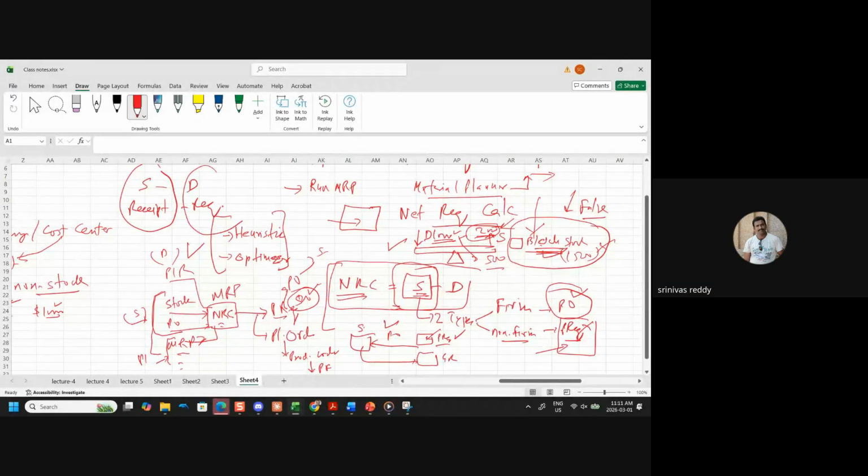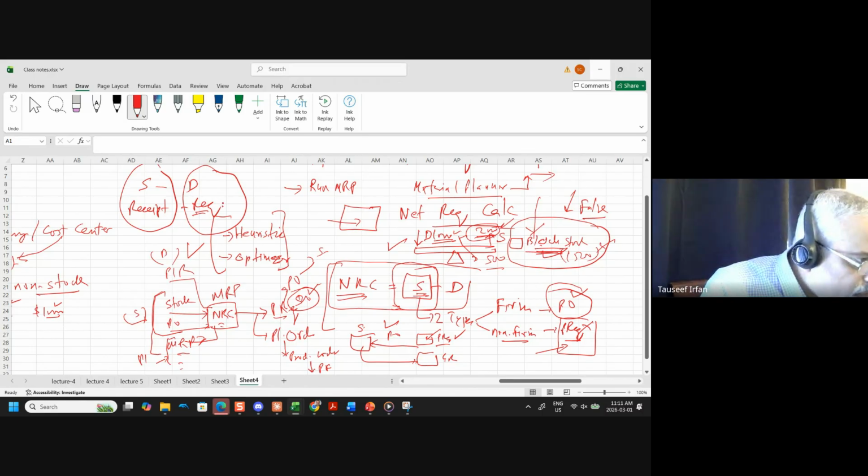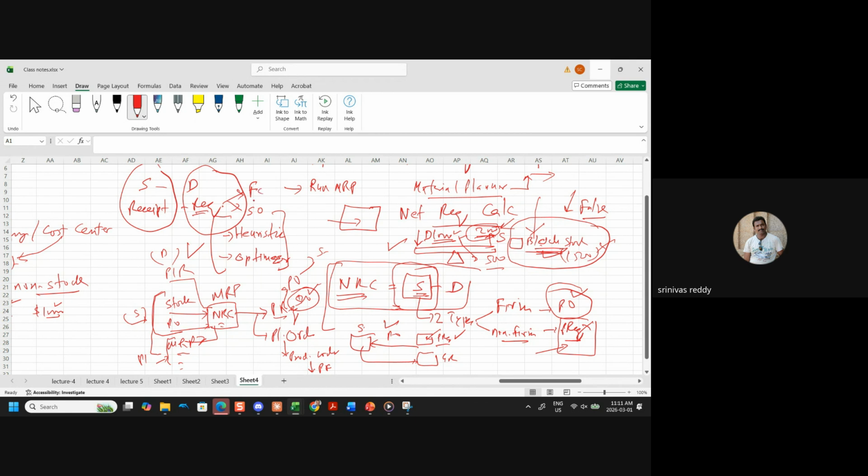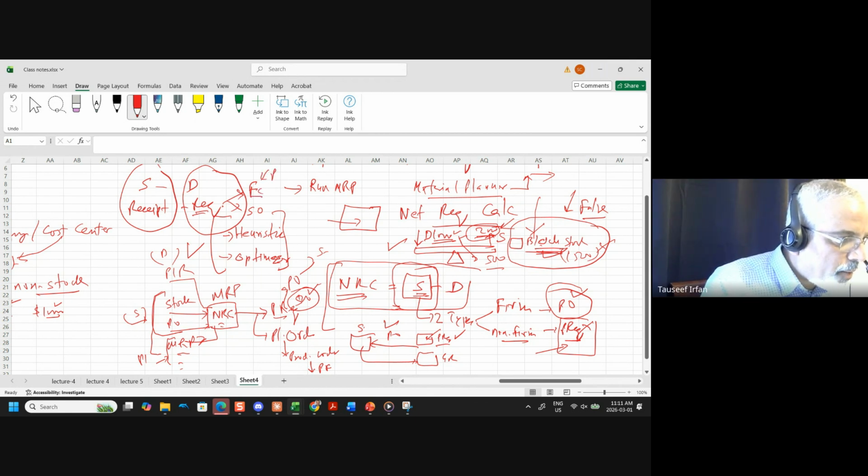Okay, but in requirements, is it going to consider sales orders and everything? Exactly. Requirement is of two types, forecast and sales order. Agree? Yes, sir. So forecast comes from plant independent requirements from IBP.